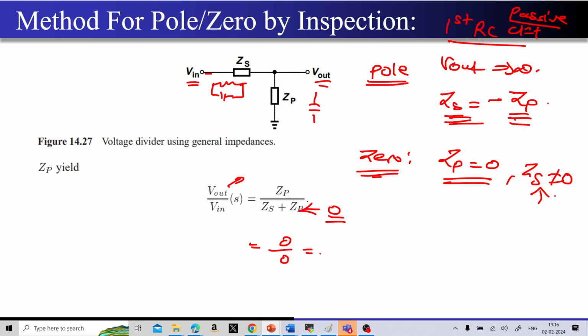Undefined, or it can become finite also, right? You must have studied L'Hospital's rule in your calculus class, right? Yes, sir. But in reality, if the pole does not exist, then there is no possibility for the circuit. No. Sorry, I didn't get that. If ZS is equal to minus ZP, the pole will be 0, no, sir.